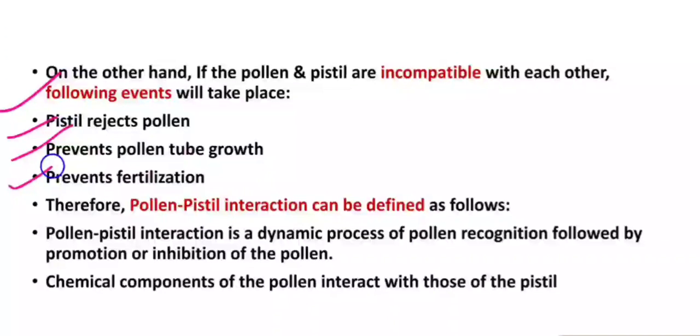Therefore, pollen-pistil interaction can be defined as a dynamic process of pollen recognition followed by promotion or inhibition of the pollen. The chemical components of the pollen interact with those of the pistil during these interactions.